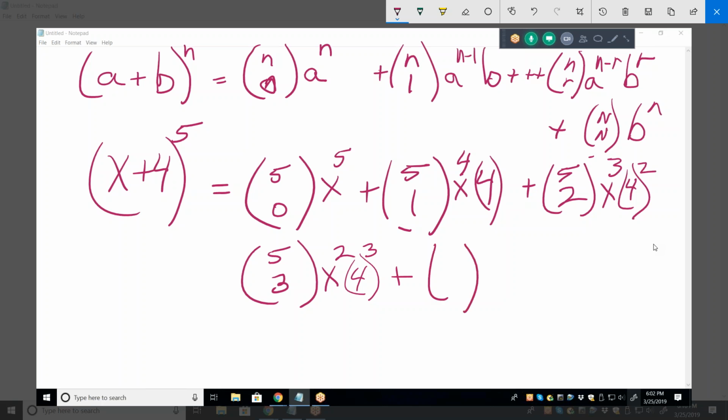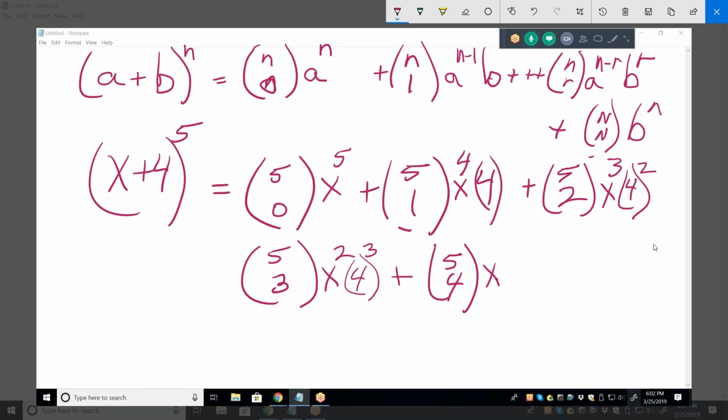It's the next coefficient. 5 choose what? 5 choose 4. Keep going. And then x to the 1.